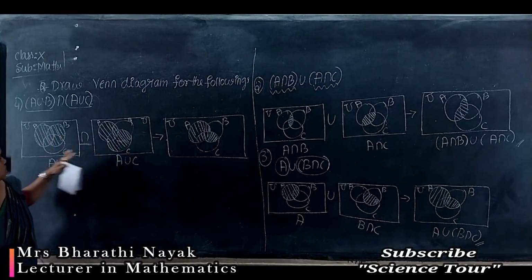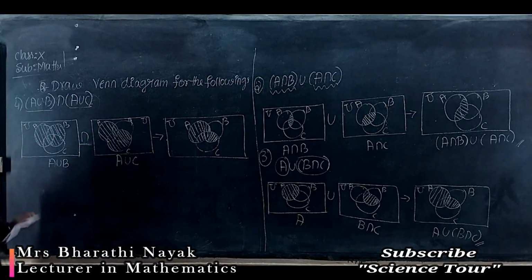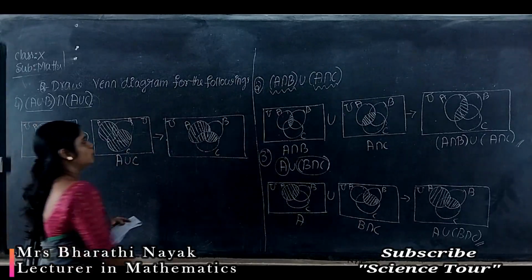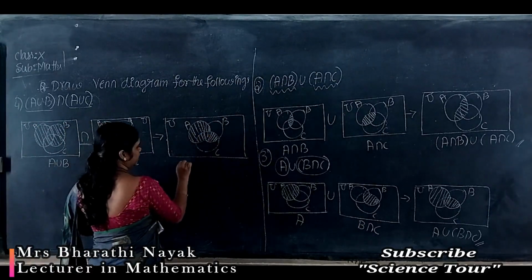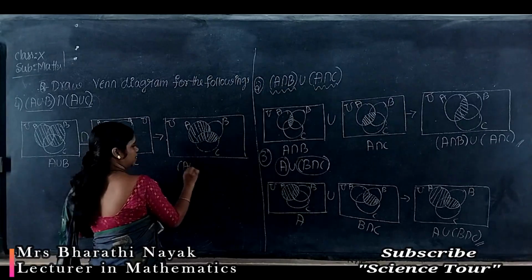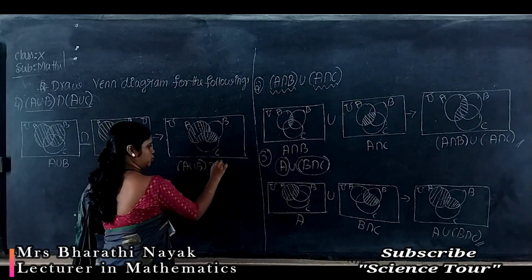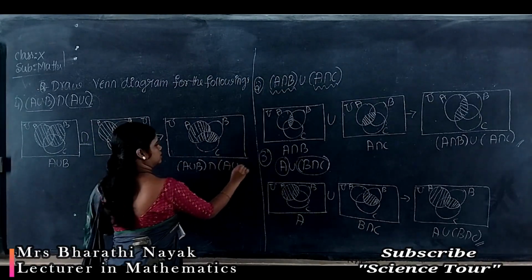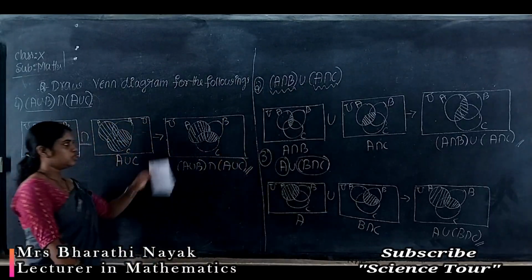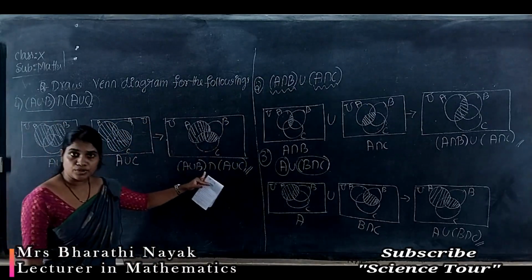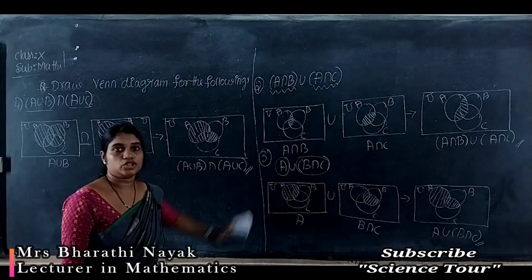This region is commonly shaded, isn't it? Once you compare the figures, this region is commonly shaded. One more region is also included here, that is set A, which is also common, isn't it? Therefore, this figure will indicate A union B intersection A union C.